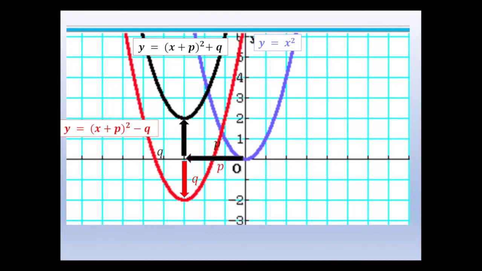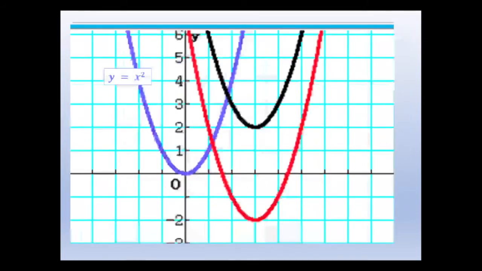The black line, y equals x plus p squared plus q, moves across by p and moves up by q. Alright? So you can see that x plus something is moved across to the left.